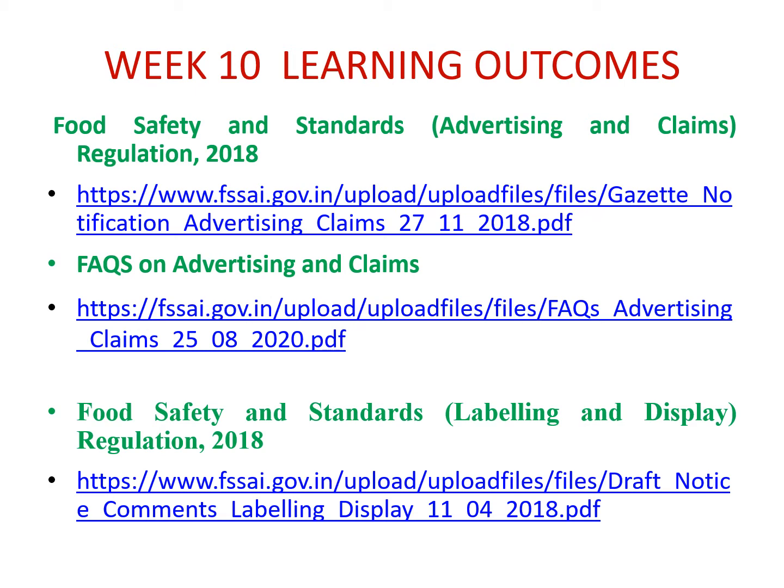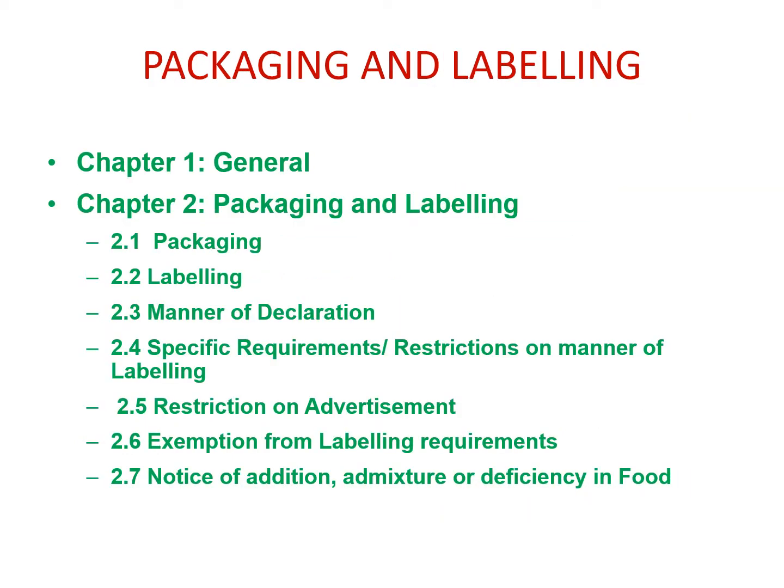Now these regulations, normally you have to go through them. There is not much science, but you have to remember what, as a food technologist developing a product, or as an entrepreneur whose product is going out, you have to take care of.